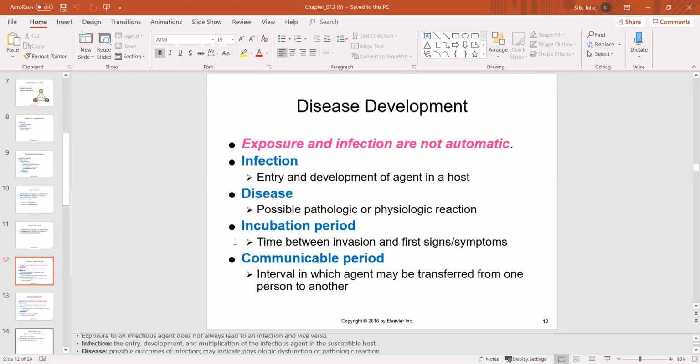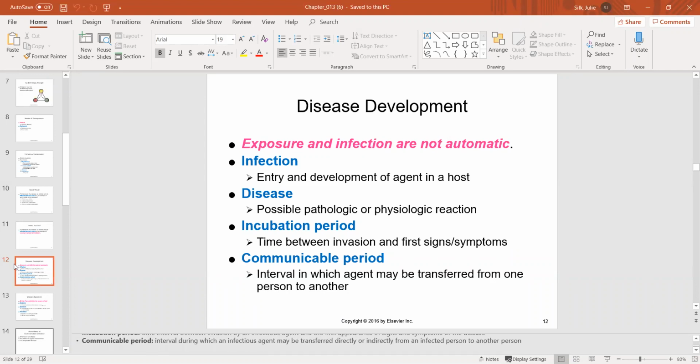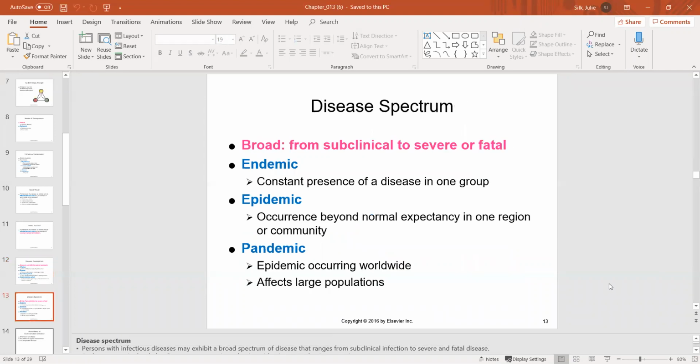And we talked about the incubation period being the time between invasion and first signs and symptoms, and then the communicable period being the interval in which the agent can be transferred from one person to another.